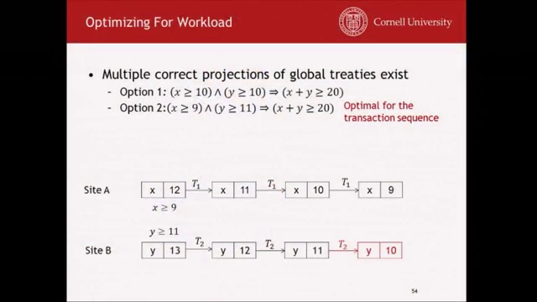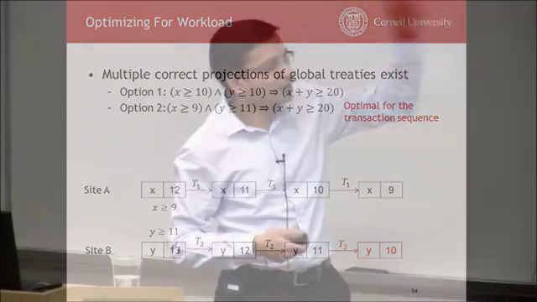In this case, choosing 10 and 10 was the suboptimal solution, which only allowed you to execute 4 transactions. As it turns out, for this particular sequence of transactions, the optimal projection is x is greater than or equal to 9 and y is greater than or equal to 11. This will allow you to execute 6 transactions without a violation.